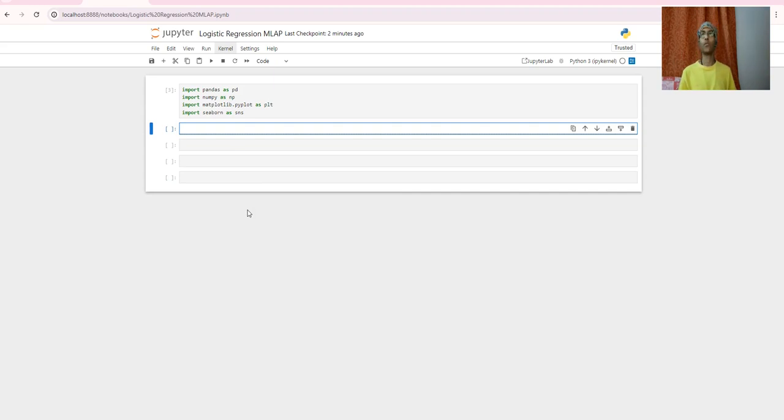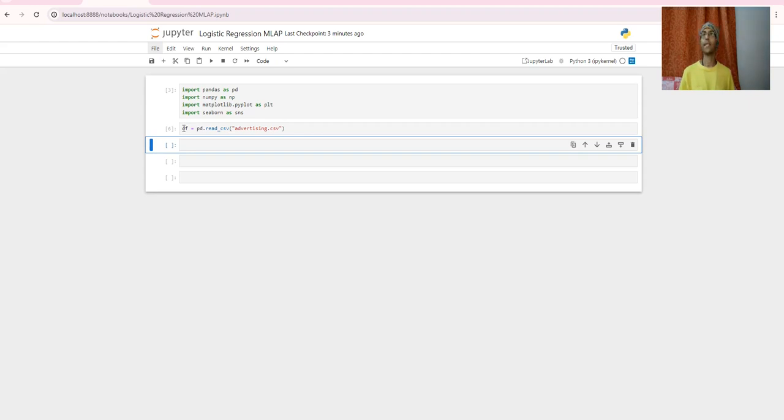Now what we do is we call the data. df is equal to pd.read_csv, it's a CSV file, so read_csv within quotes, advertising, so advertising with an s, .csv.